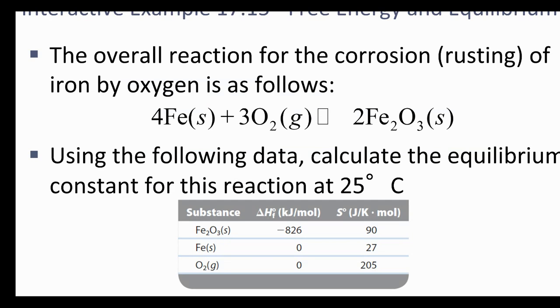So here's a reaction of iron with oxygen to produce iron 3 oxide. So this is really thinking about corrosion or rusting of a nail. Now, what you know about a nail that's rusting is that we should say it is going to happen spontaneously. Now, not all spontaneous processes are fast.